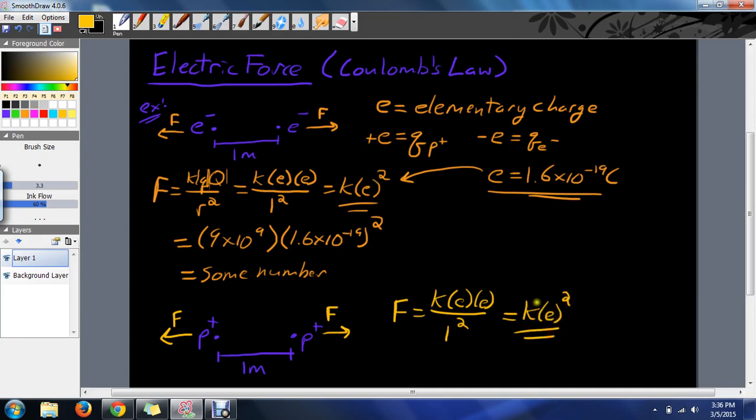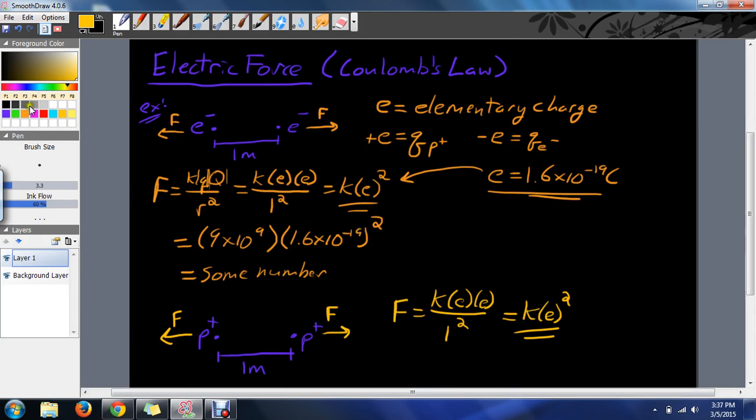Same exact number. Isn't that cool? So if the charge is the same and the distance is the same, the force is exactly the same.